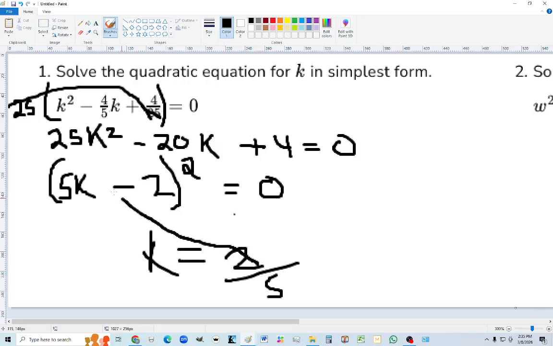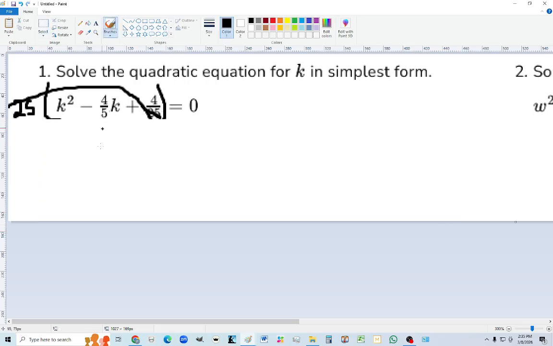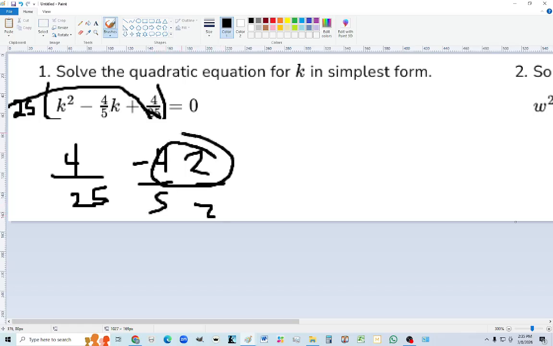Now, if I were to put that in here and solve, we will get 0. So let's try it out. 2 over 5 apparently is the solution. What's 2 over 5 in this k value here? Squared is 4 over 25. 2 over 5 here, so minus 4 times 2 over 5 is minus 8 over 25.